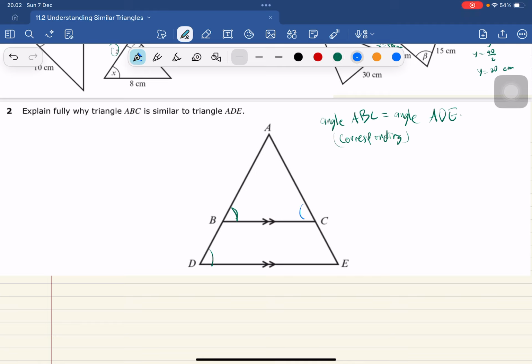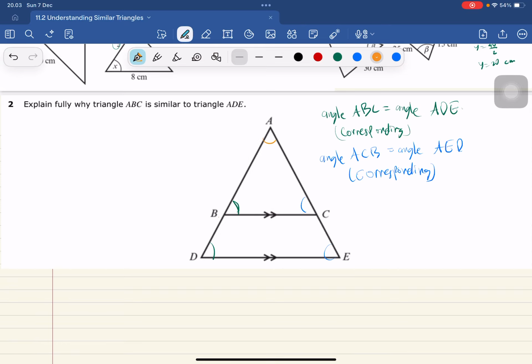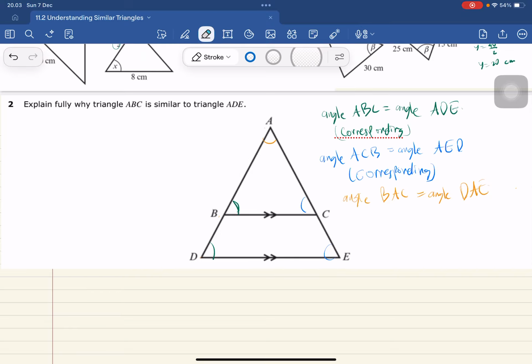Next, we got here angle ACB equal to angle AED. They are also corresponding. Here we got angle BAC equal to angle DAE. Why? Because this is the common angle. All of them are here. So this is common.